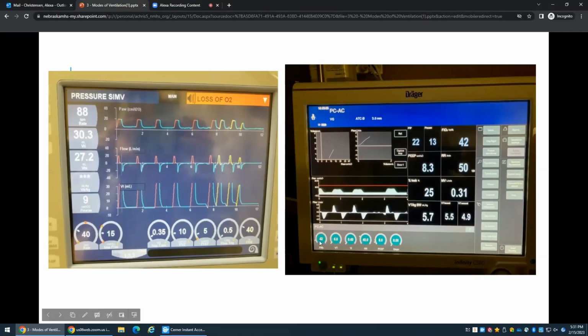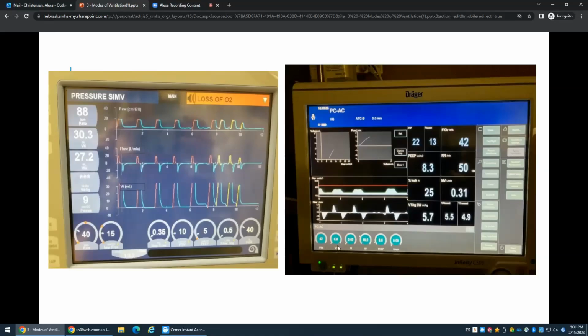We are really trying to not have twins on two different machines because we have already had variances on this where a nurse or an RT went to turn up the FiO2 and accidentally turned up the baby's rate, thinking they were turning up the FiO2, because it was twins in the same room on two different ventilators. So we are really trying to not do that, but just make sure you know which vent you're turning up your FiO2 on.